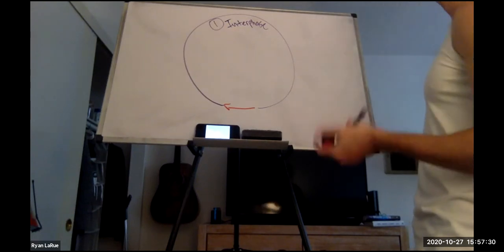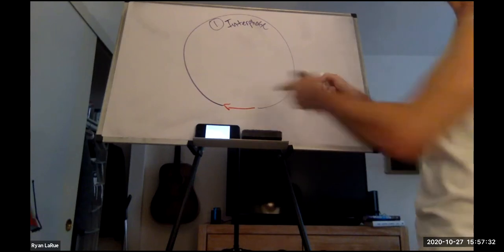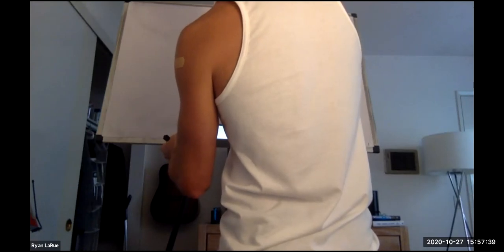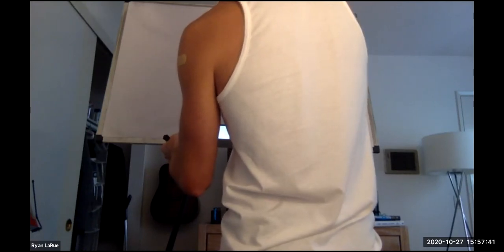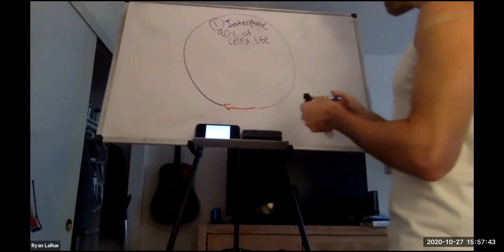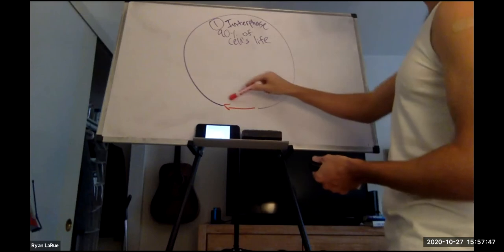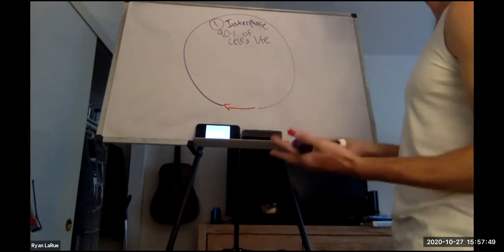This is where the cell spends 90%, as you can see, of its life in interphase. So 90% of the cell's life is in interphase. And then 10% of the cell's life is in the second phase here, which is cell division.